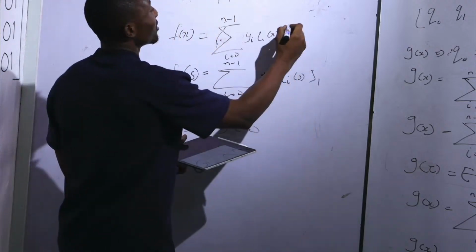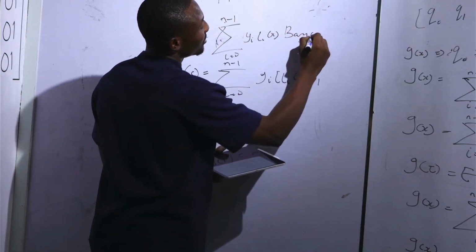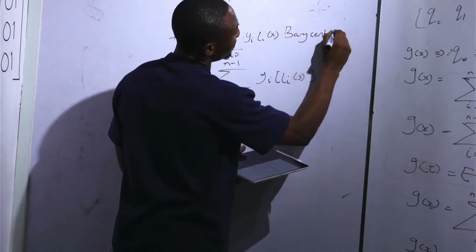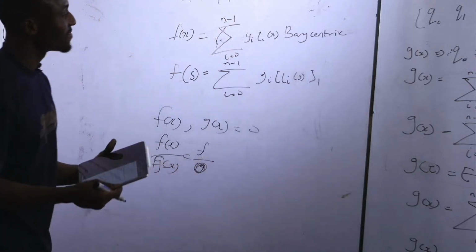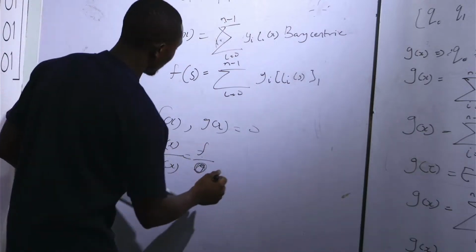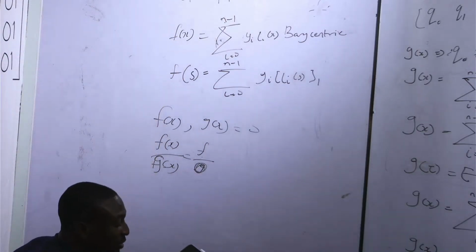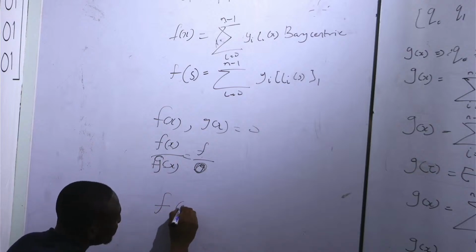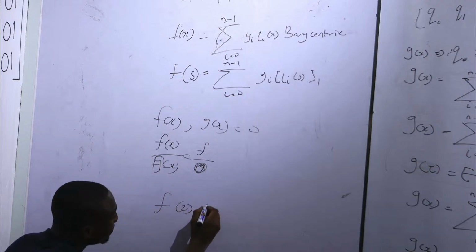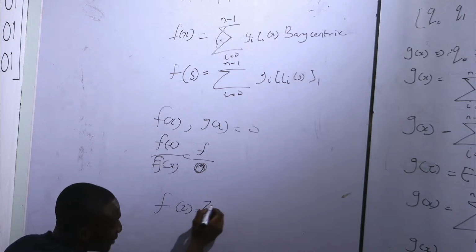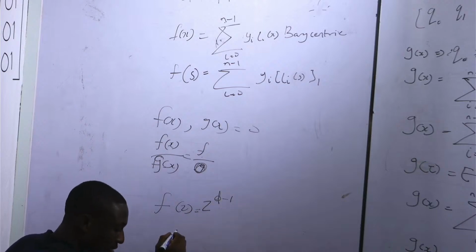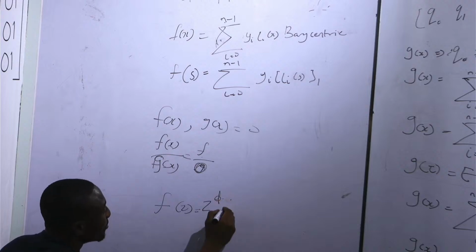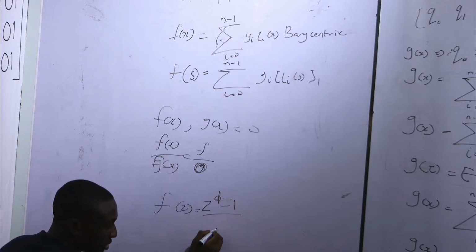Let me see. I think, like we said, if we have the evaluation form, the barycentric formula is f of z equals, if we're using the roots of unity as our domain, d minus 1 over d.